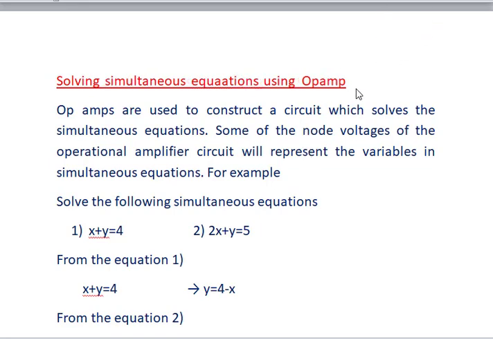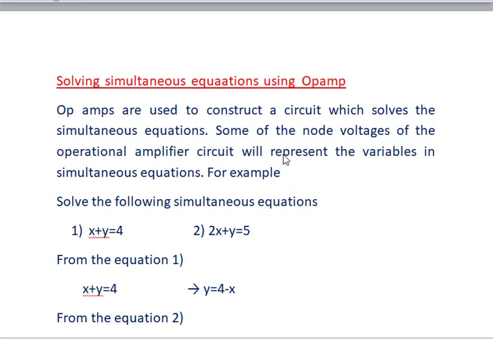Operational amplifiers are used to solve any simultaneous equation. They are used to construct a circuit which solves the simultaneous equation. It has some node voltages at the inputs and output.